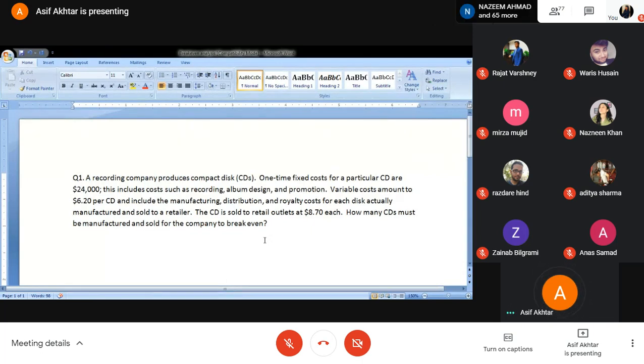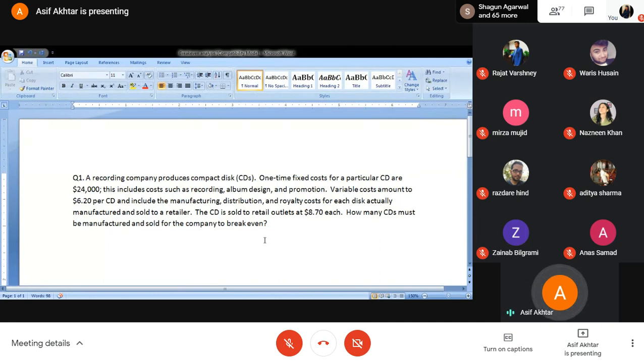Very simple. The CD is sold in the market at the price of $8.70 per CD. That is, if you want to purchase this CD from the market, you have to pay $8.70 for each CD.